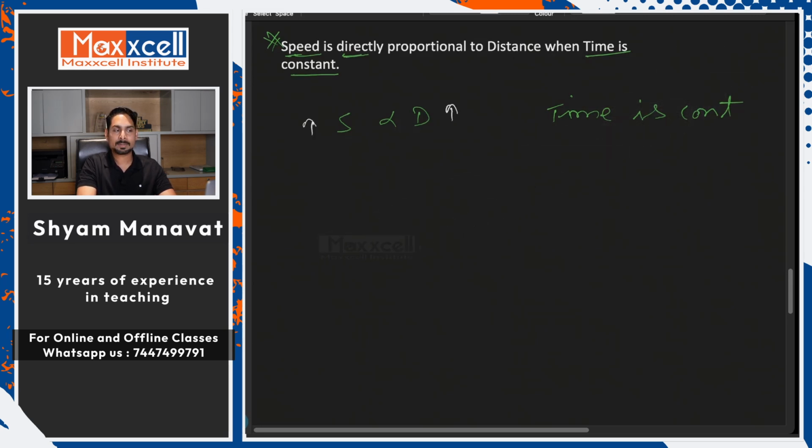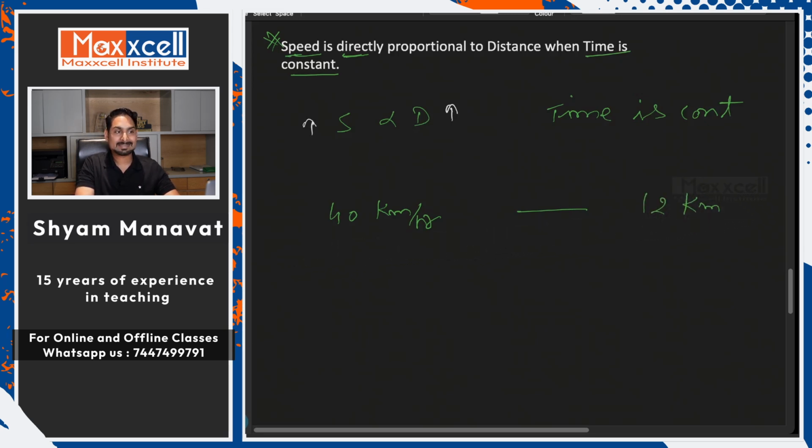What does it mean? Suppose I drive my car at 40 kilometers per hour, and in a certain time I cover a distance which is 12 kilometers.